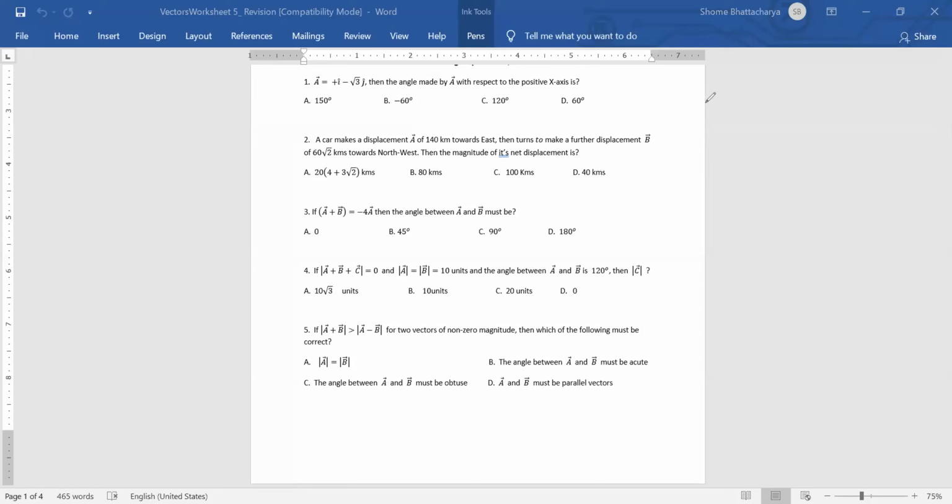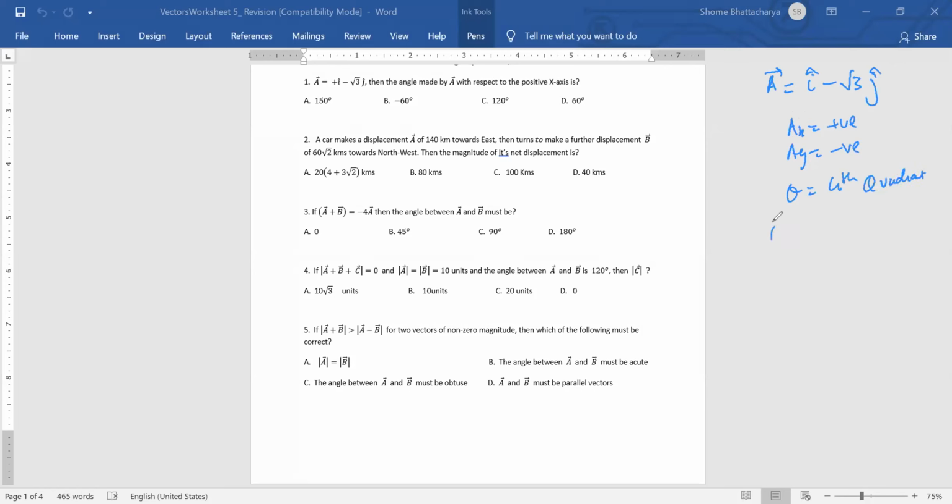Okay. So in the first question, what was happening is that the vector was i cap minus root 3 j cap, something like this. You can see that the moment your vector is like this, the x component is positive, the y component is negative. So that means theta is in the fourth quadrant.